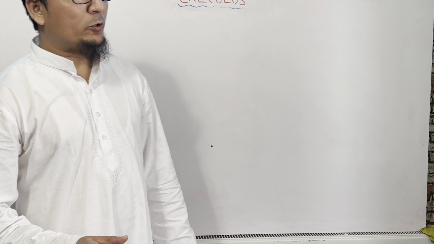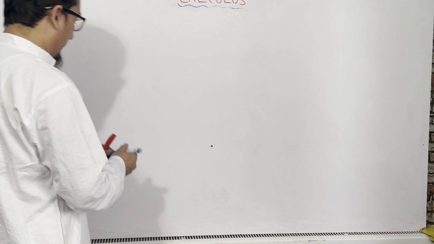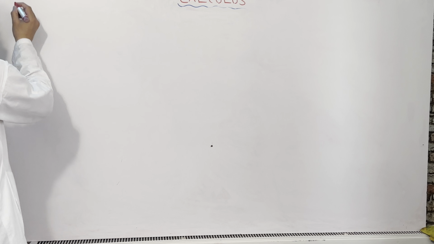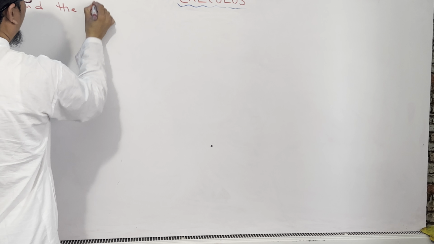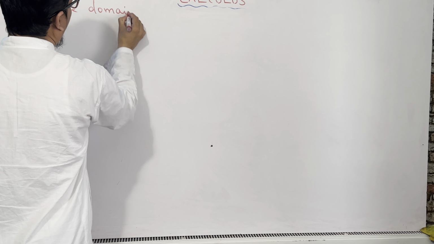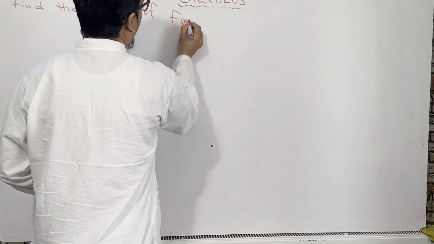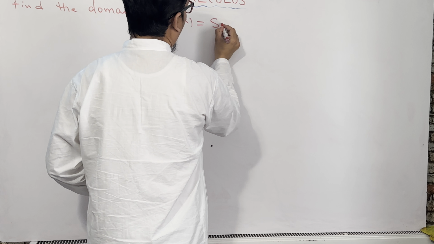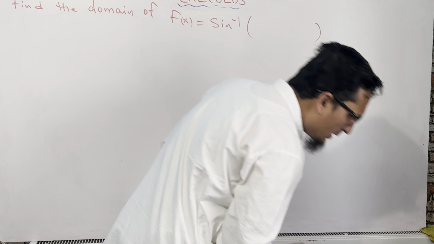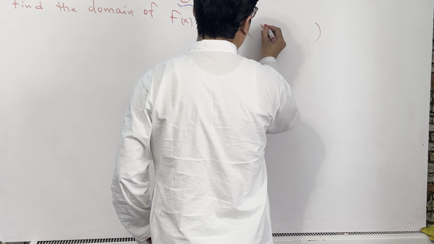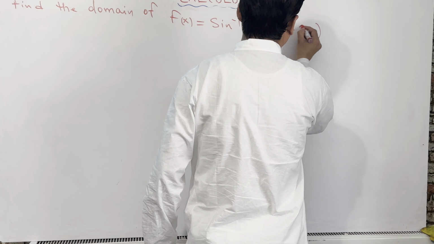Guys, today I'm going to tell you a very complicated and very interesting question. The question is: find the domain of f(x) = sine inverse of (|x - 1| - 2).